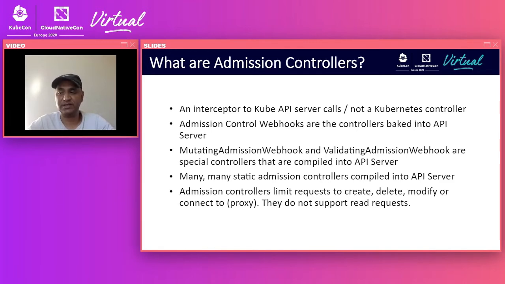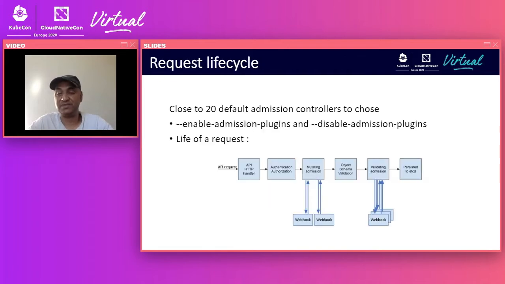These plugins can respond to the incoming create, delete, modify kind of requests on a resource in the Kubernetes cluster. Many advanced features in Kubernetes require an admission controller plugin to be enabled in order to properly support the feature. As a result, a Kubernetes API server which is not properly configured with the right set of admission controllers may be an incomplete server and will not support most of these features.